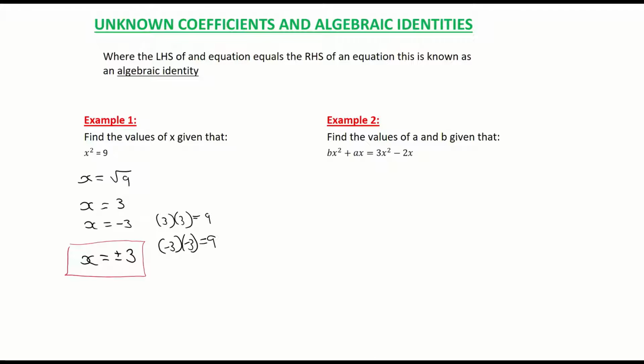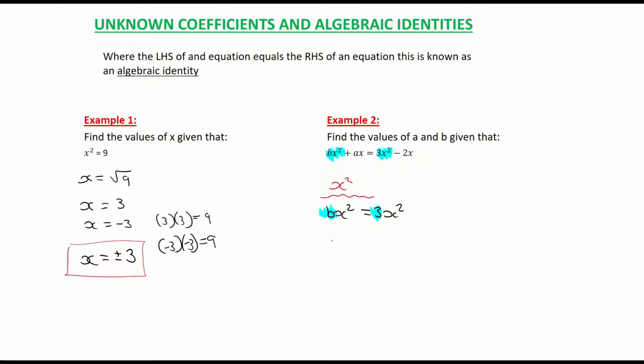All you're doing basically is pairing up the coefficients of the x squared. So first of all, I'm going to look at my x squareds and I'm going to match them up. So I have bx squared, the one on the left hand side of the equals, is equal to the x squared on the right hand side of the equals, which is 3x squared. And you can see straight off that b then must be 3.